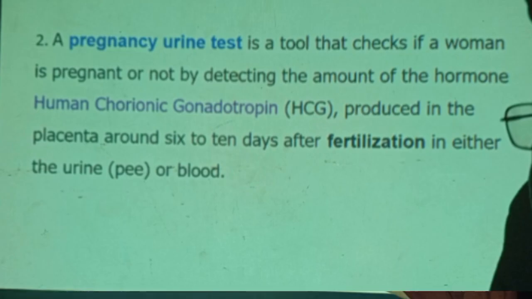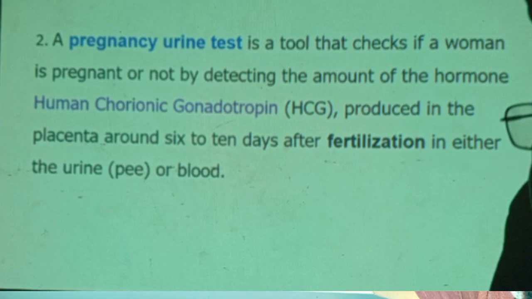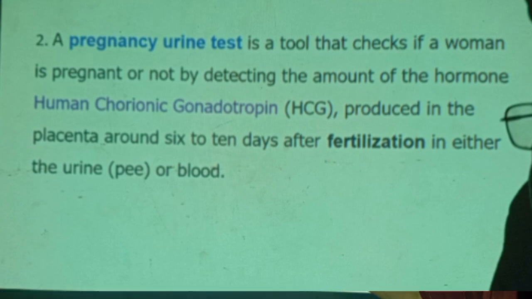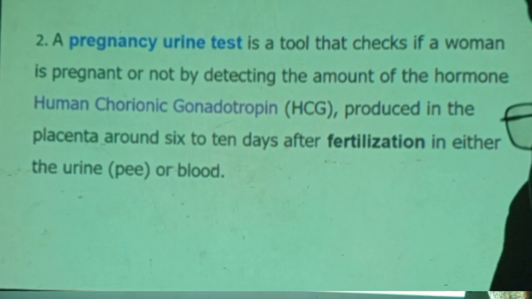If she is pregnant, this hormone is produced within 2 weeks of pregnancy. Therefore, if a female needs to test whether there is pregnancy or not within these 2 weeks, this is tested.